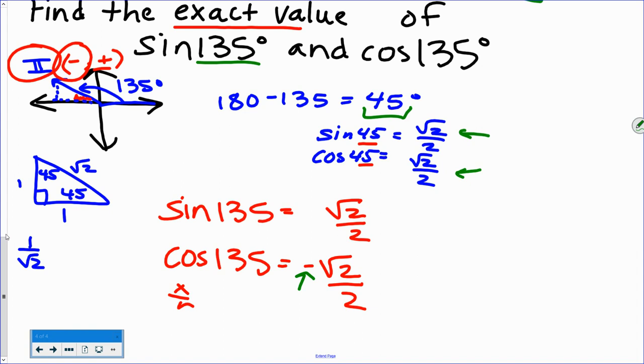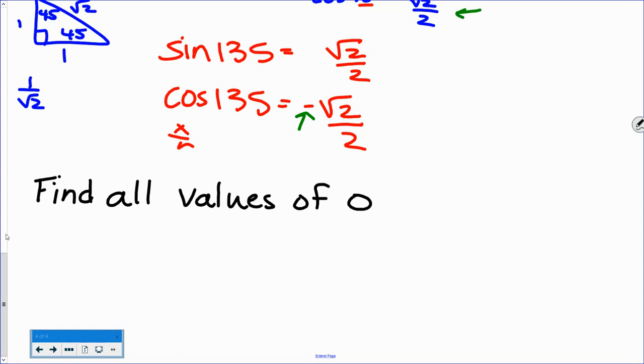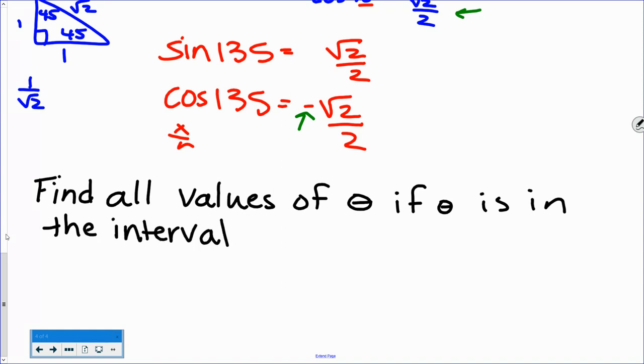Beautiful. All right. I'll show you one other type of example we will see and continue to build on all of our skills we've got right now. All right, so you may have something that will ask you to find all values of theta if theta is in the interval [0, 360) degrees.